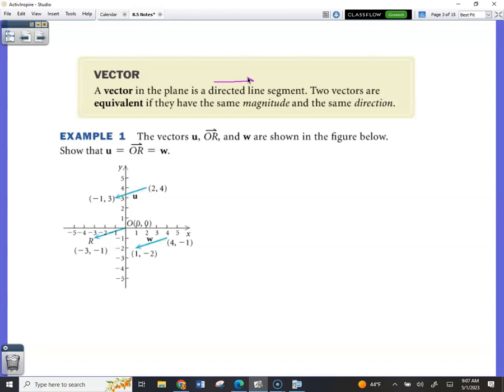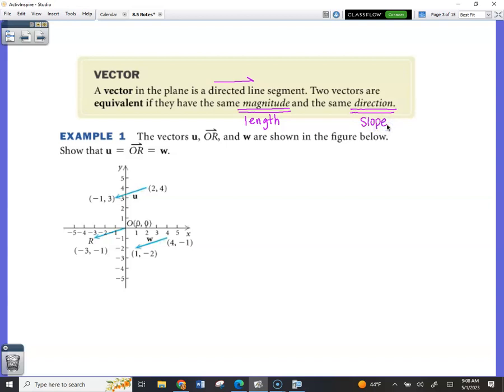2 vectors are equivalent or equal if they have the same magnitude. Magnitude is the vector fancy word for length, and the same direction. Direction is the vector fancy word for slope.